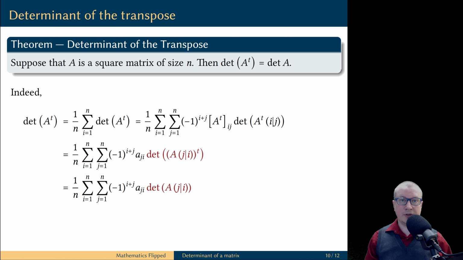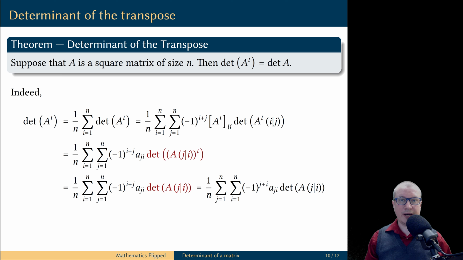If you don't know the method of mathematical induction, then don't worry, just take this step in the proof for granted. Next, we are going to switch the order in the double summation. The inner sum will now go along the index i, and the outer sum will go along the index j.